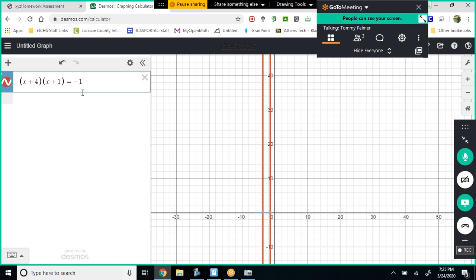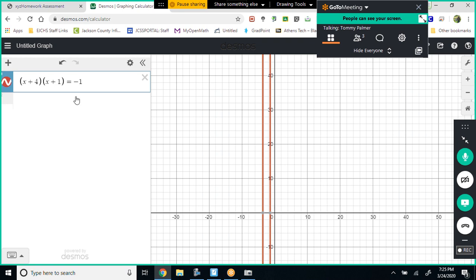So Desmos, I really like Desmos to check things, right? Now you're not going to have Desmos on the final exam because yours is going to be paper and pencil, it'll be multiple choice, but it can really check your answers to verify that what you've got is right very quickly.